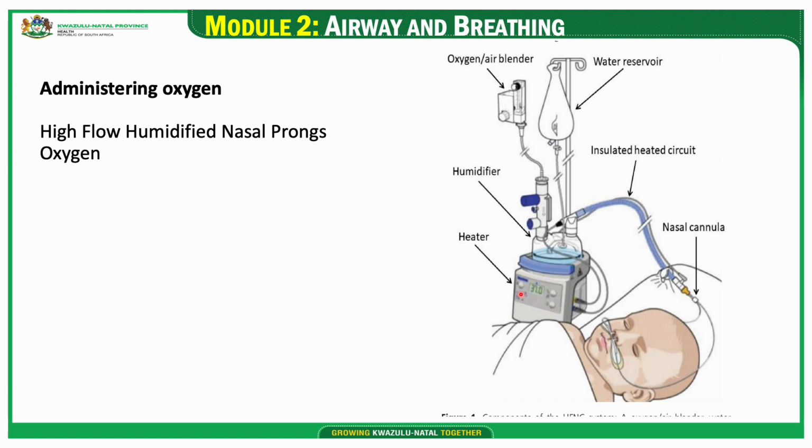This also allows us to deliver flow rates of higher than 2 liters per minute safely to the patient. Please have a look at the oxygen videos slideshow, which is attached to this course, which gives further information on oxygen delivery systems.